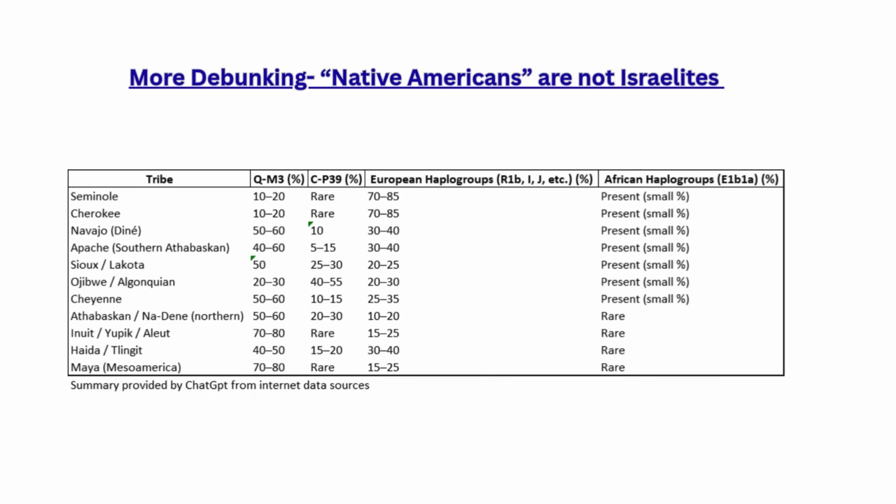And you can see from their haplogroups, even the haplogroups before European conquest, that they could not be Israelites.